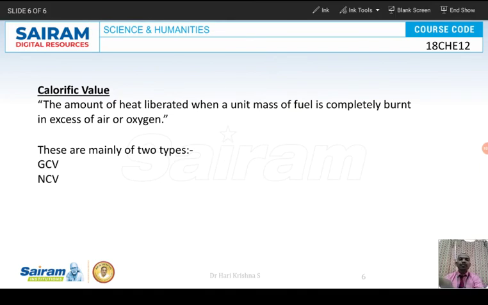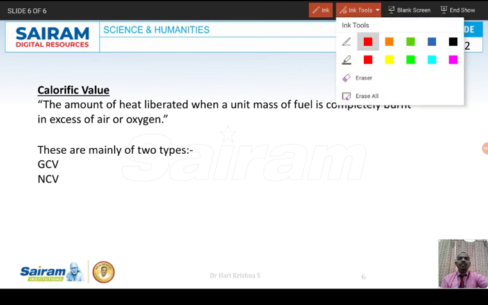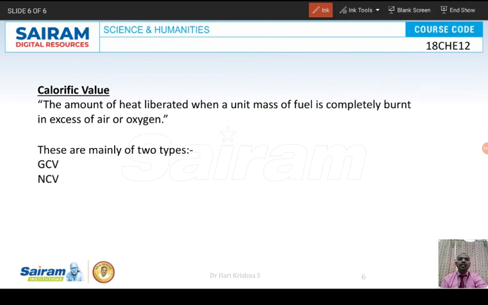Carbon will get converted to carbon dioxide, hydrogen will get converted to water, whereas the chemical energy which is hidden there gets converted to energy in the form of light or in the form of heat. So for complete combustion you are supposed to supply a sufficient quantity of oxygen. If a sufficient quantity of oxygen is not supplied, then what will happen? Energy will not be liberated.